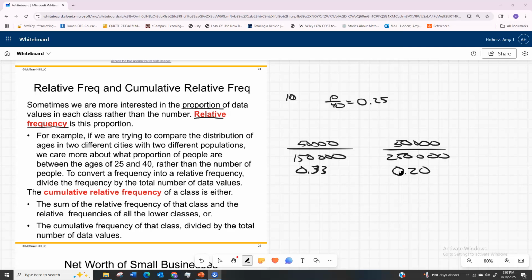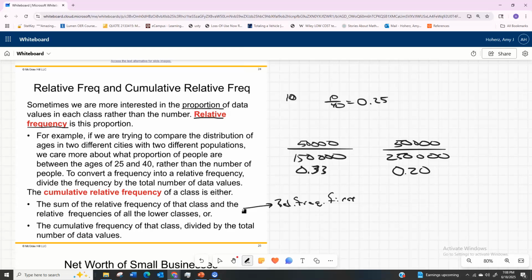Well, the reason being is you could calculate all of the relative frequencies first, so you could calculate all the decimal values, those proportions first, and then add those up to get the cumulative relative frequencies.